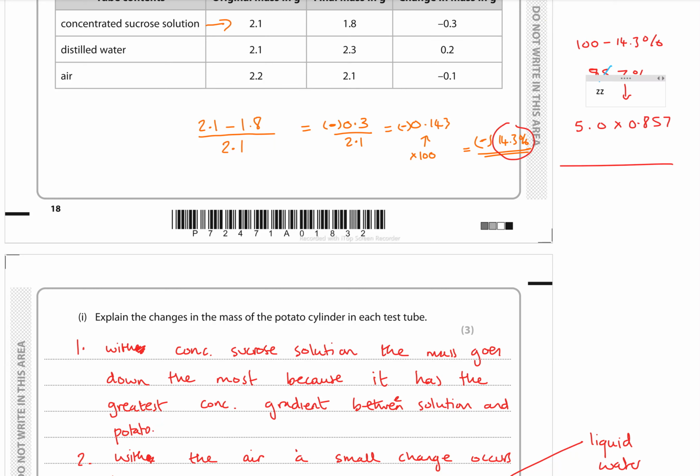Excuse me, I don't know what's going on. Right, let's forget that. Let's undo that. Let's just stick to that. 5 times 0.857 equals, sometimes I make things too complicated, 4.285 centimeters, which is 4.28.